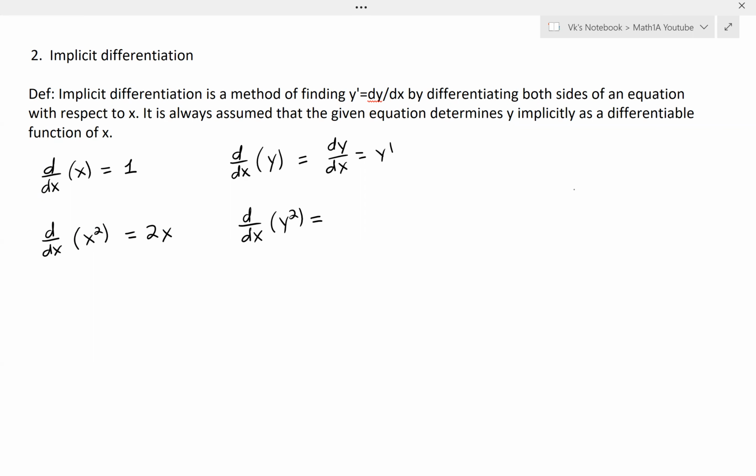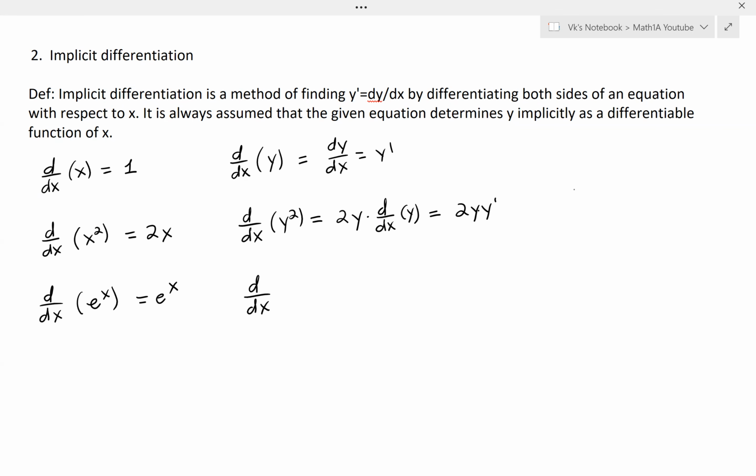Derivative of the outer function is 2y. We got to multiply by the derivative of the inner function, that is derivative with respect to x of y. So this gives us 2y times y prime. Derivative with respect to x of e to the x is e to the x.